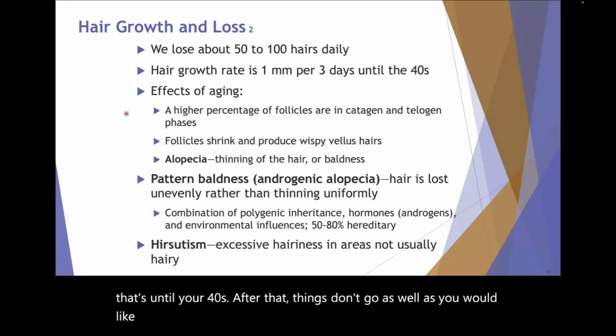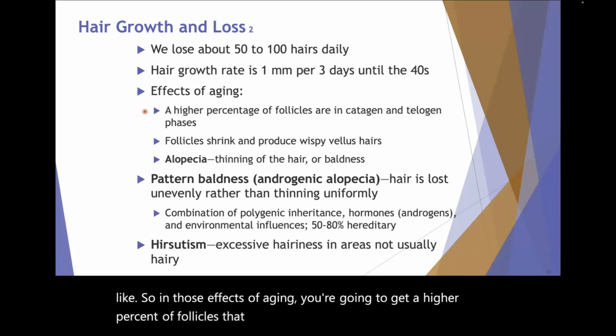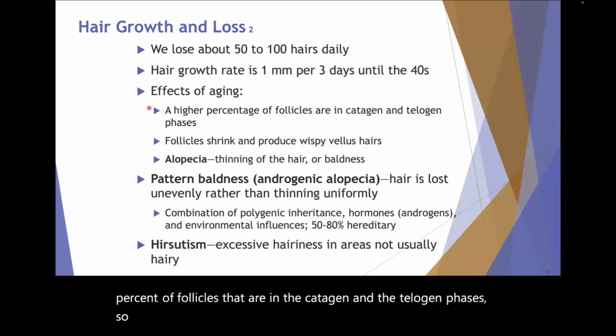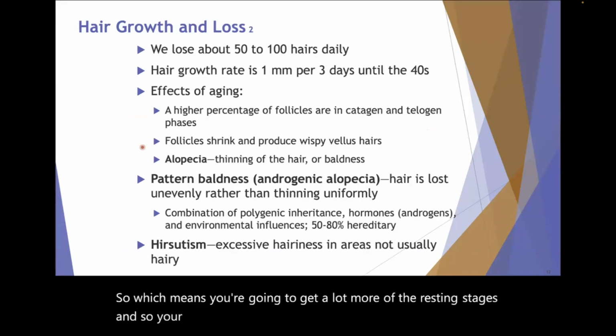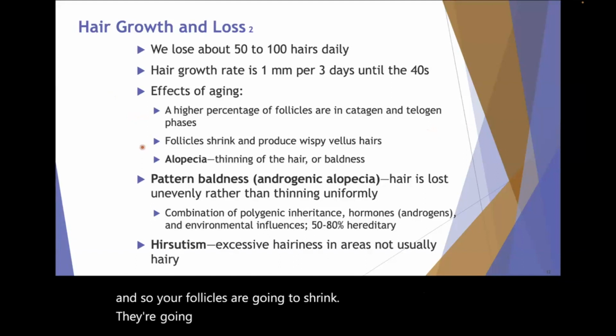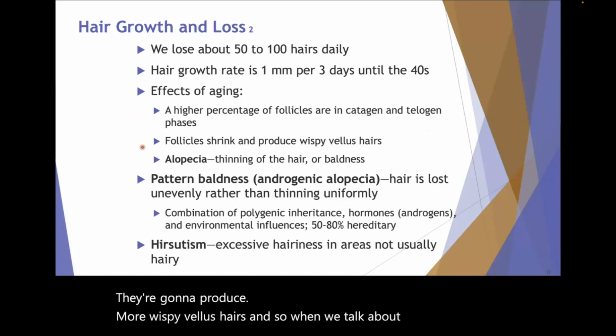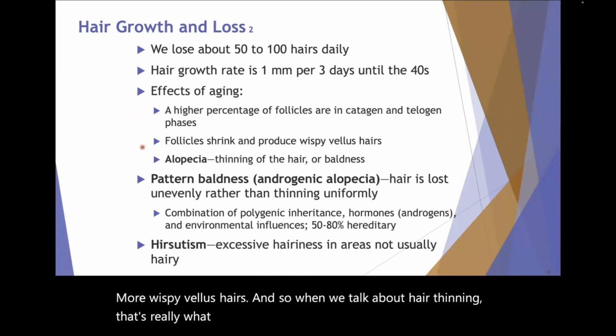With the effects of aging, you're going to get a higher percent of follicles that are in the catagen and the telogen phases, which means you're going to get a lot more of the resting stages. And so your follicles are going to shrink. They're going to produce more wispy vellus hairs. And when we talk about hair thinning, that's really what they're talking about.